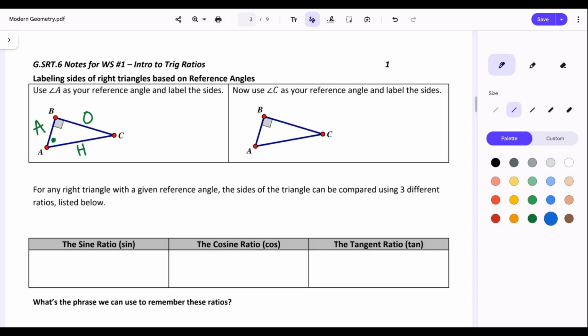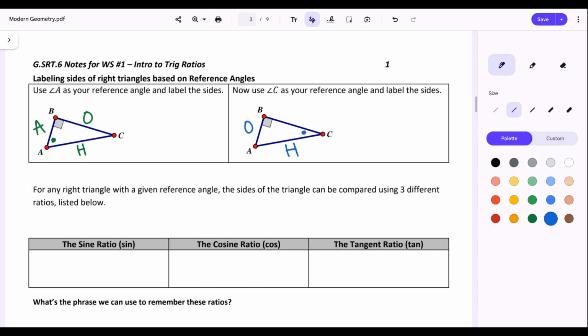Now, if I change my reference angle to C, so if I'm looking at C instead, how would you label your sides? What would be your hypotenuse for this one? Okay, so that's still the hypotenuse. Good. What would be your opposite side now? Good, AB.